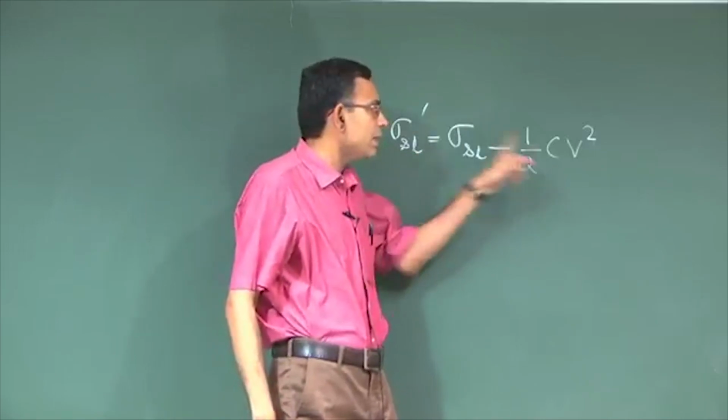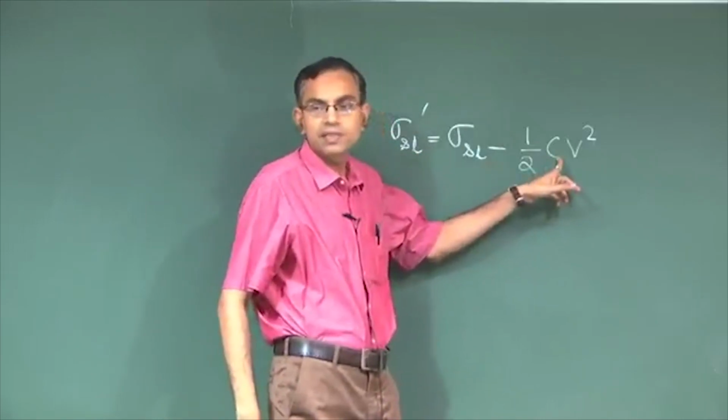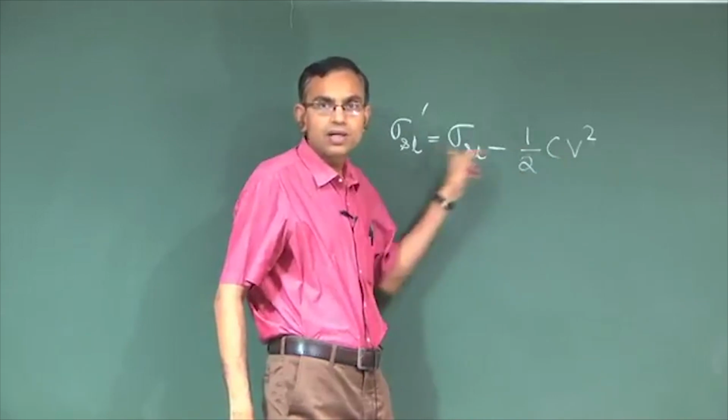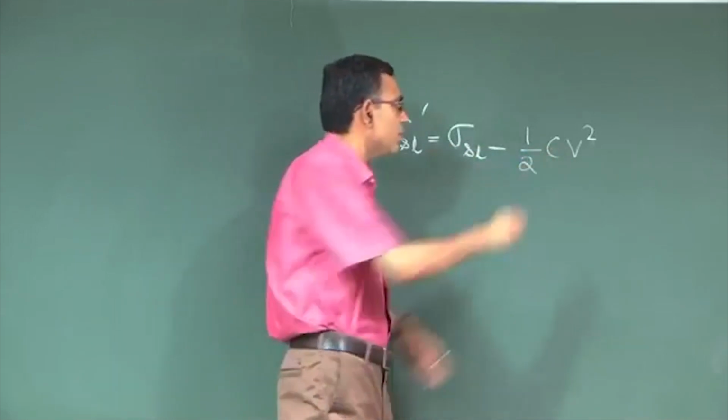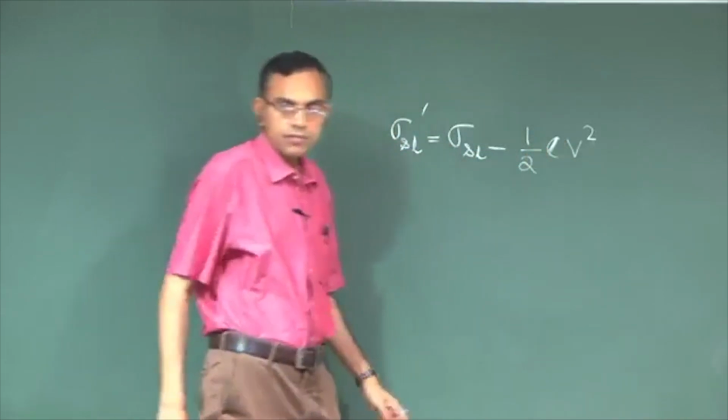So if this is the energy per unit area, this should also be capacitance per unit area, so that the units are balanced. So you may write it as small c maybe.